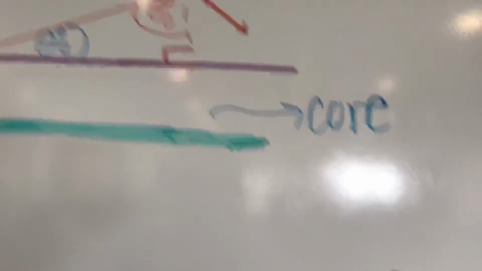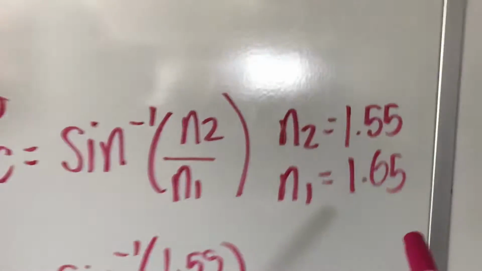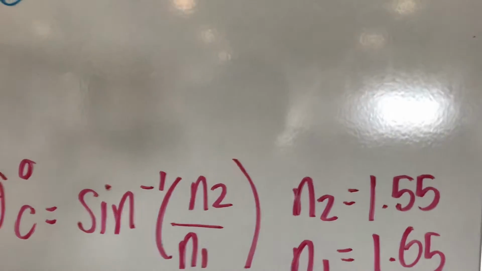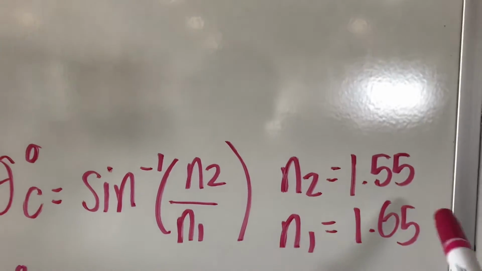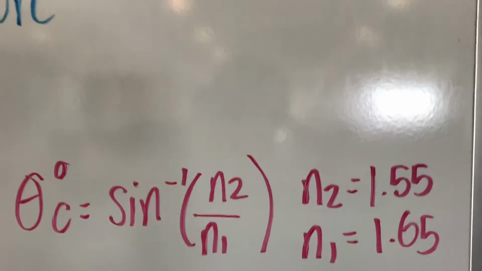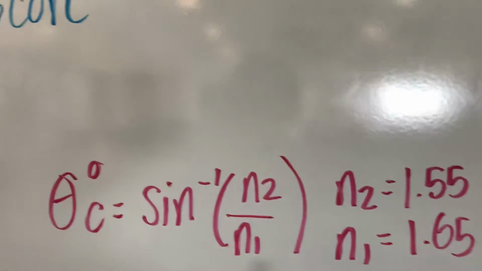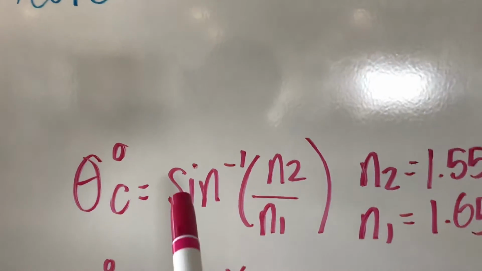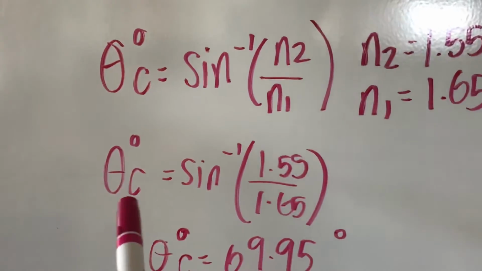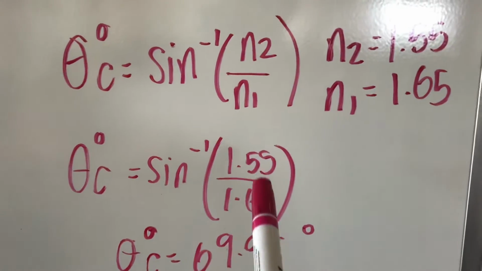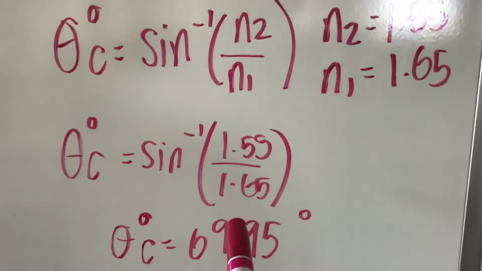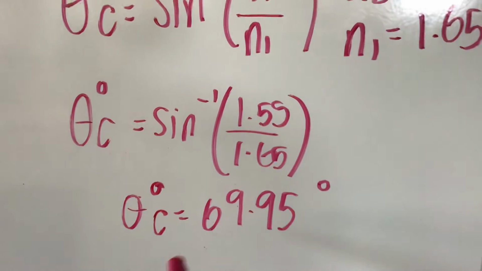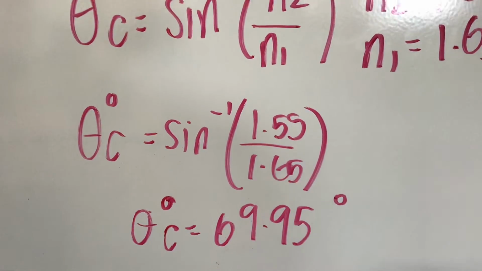So our n1 is the core, which is 1.65, and the cladding is n2, which is 1.55, for the indexes of refraction. If we put that all into our formula, we can see that theta critical is equal to sine inverse of 1.55 over 1.65, which would be 69.95 degrees.